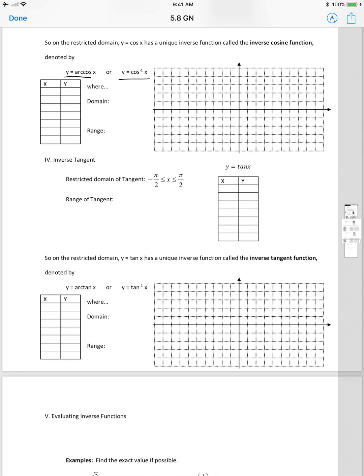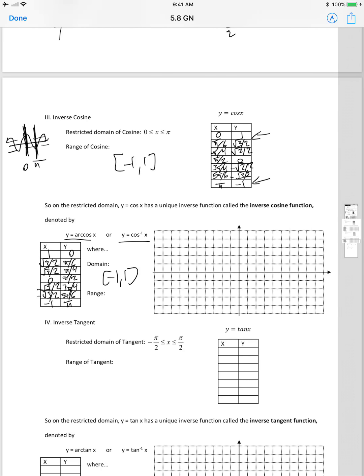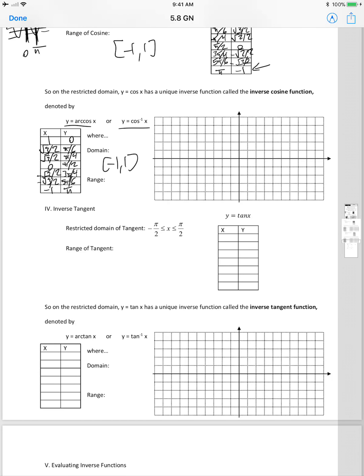So my table of values is flipped. That means my domain and range have flipped when compared to the domain and range of the restricted sine function.